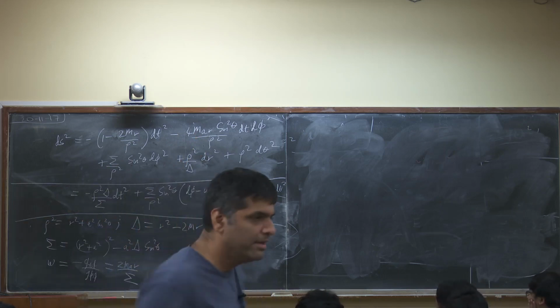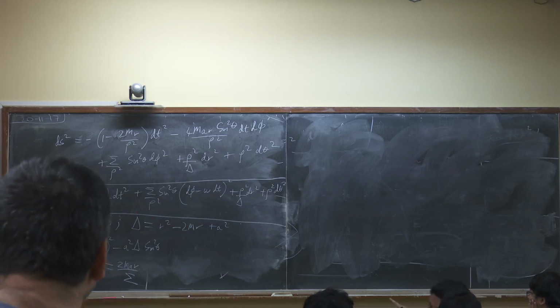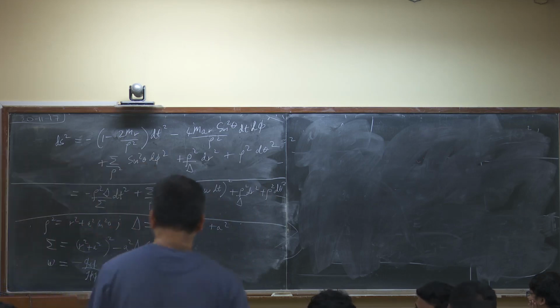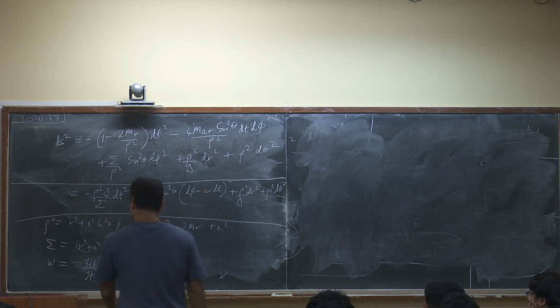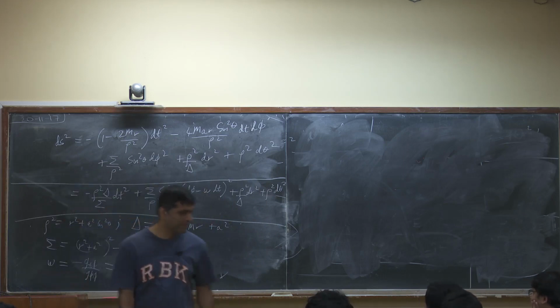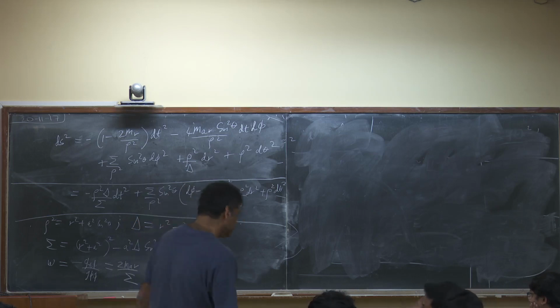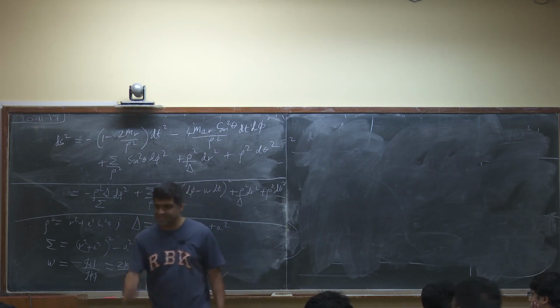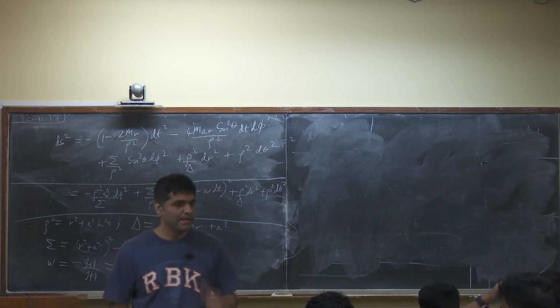Now what can you see? Well, del del phi is a Killing vector and del del t is a Killing vector. Any linear combination is also. So let's look at this geometry.